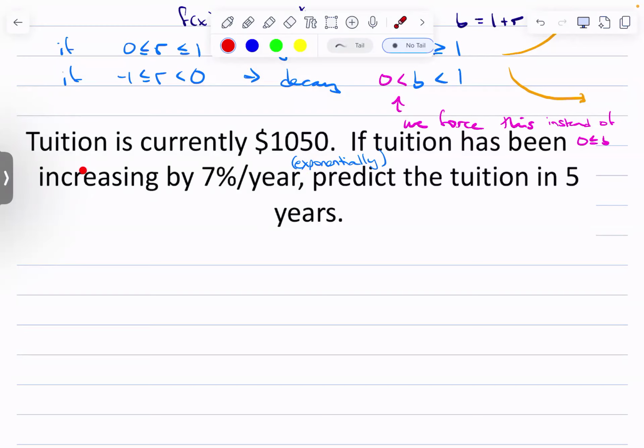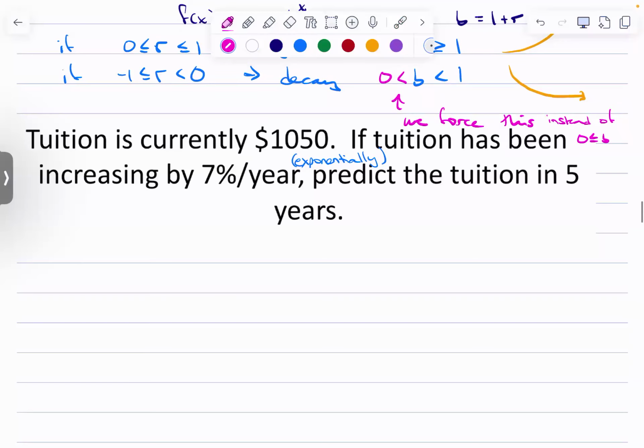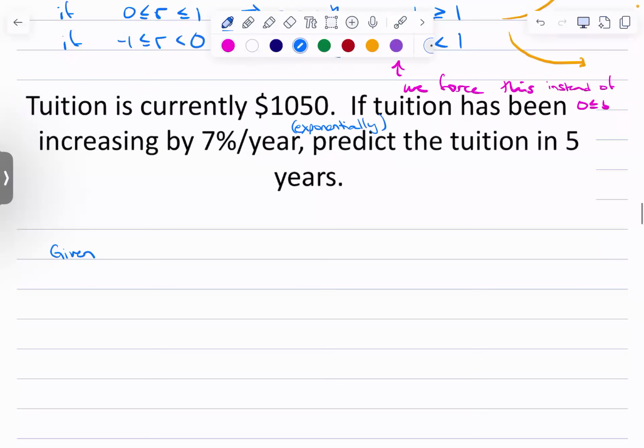If tuition is currently $1,050, wouldn't that be nice? And if tuition has been increasing by 7% per year, and I've added exponentially because we're in the exponential chapter, it's kind of implied. But what we want to do is predict the tuition in 5 years. So what we're given is the tuition at time 0.